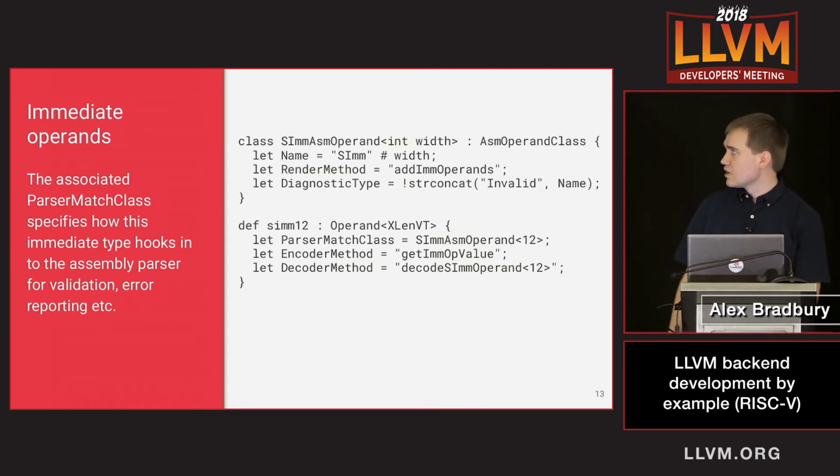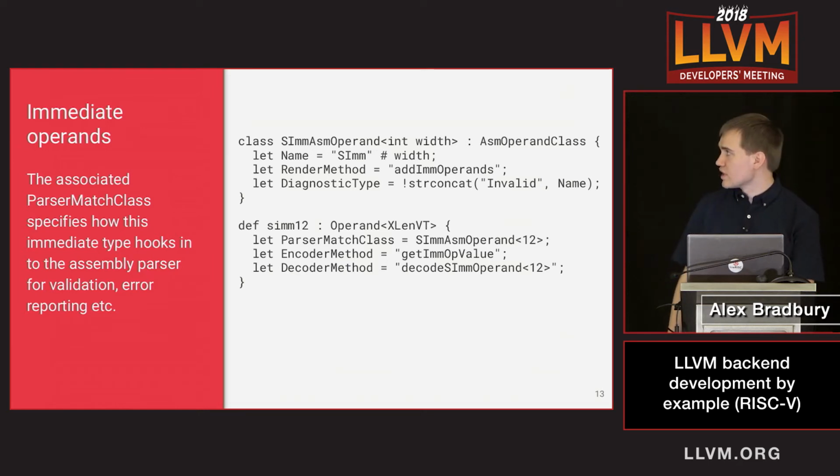That contains an ASM operand class, which has various fields which indicate which methods are going to get called in order to validate it, in order to add it to the machine instruction that we're building, and also what type of error to generate if we get something unexpected.